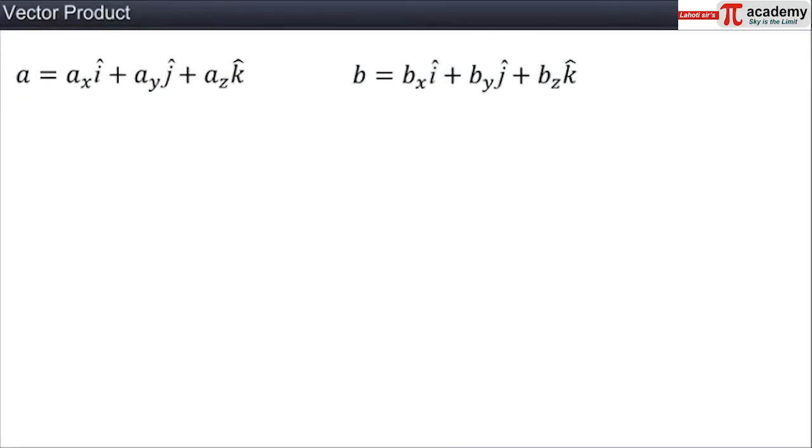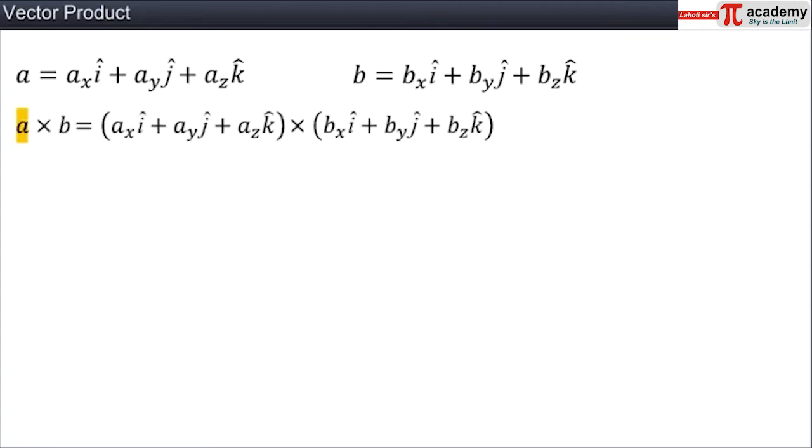If the two given vectors, A and B, are expressed in terms of unit vectors i, j and k as shown, then the vector product of A and B is A cross B is equal to (AX i plus AY j plus AZ k) multiplied by (BX i plus BY j plus BZ k).